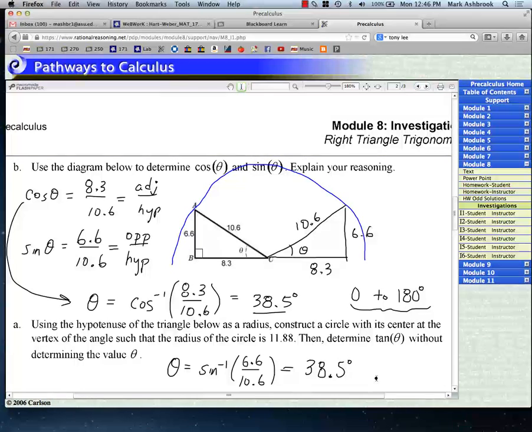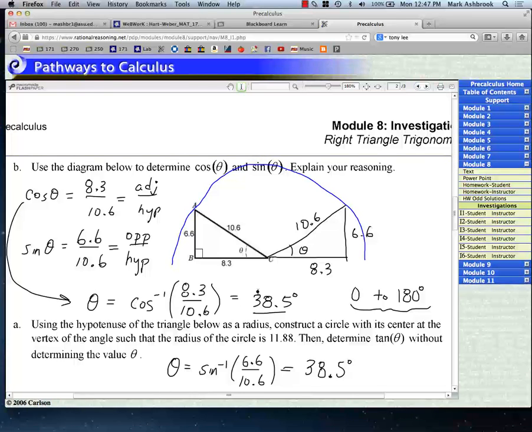This is because we're thinking about this triangle in the first quadrant, and that first quadrant is part of the output of both the arc cosine and the arc sine. Arc sine is from negative pi over 2 to pi over 2, arc cosine is from 0 to pi. So anything in the first quadrant, both are going to give you the right angle. And then that whole thing is just reflected into this triangle here that we were originally given.